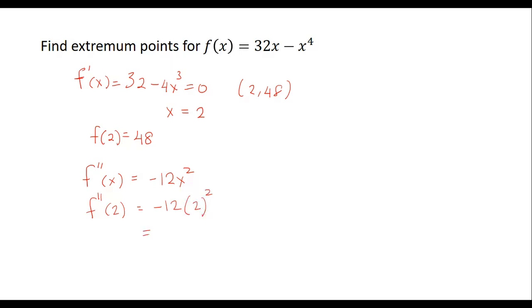You calculate this and you get negative 48. If you have negative 48, you know negative 48 is less than 0, and once you get this, you can safely say that your point is a maximum.